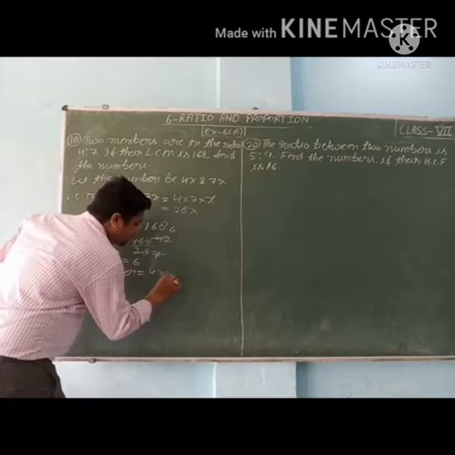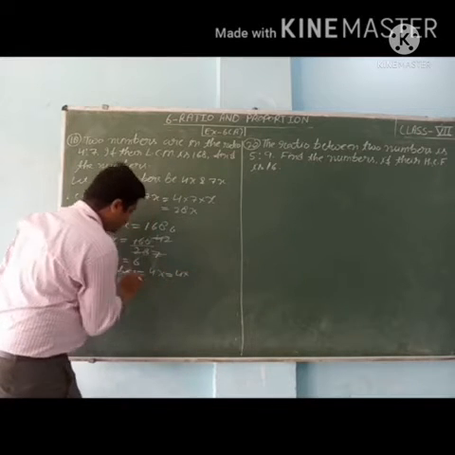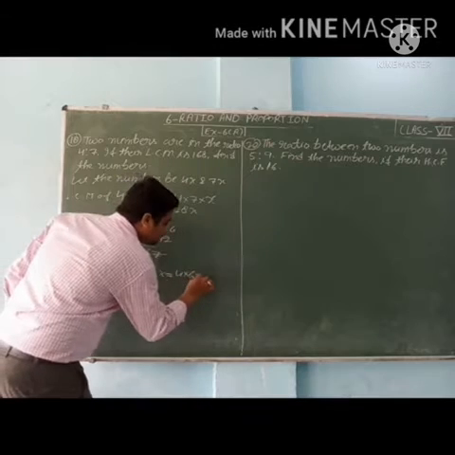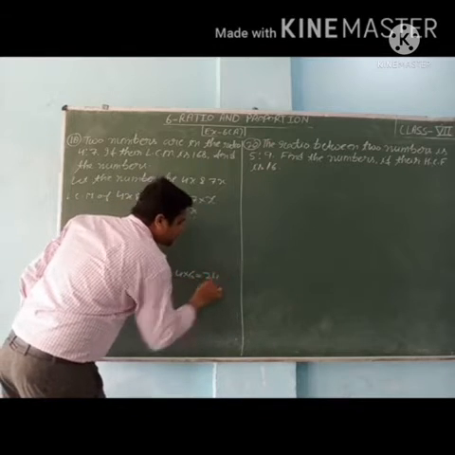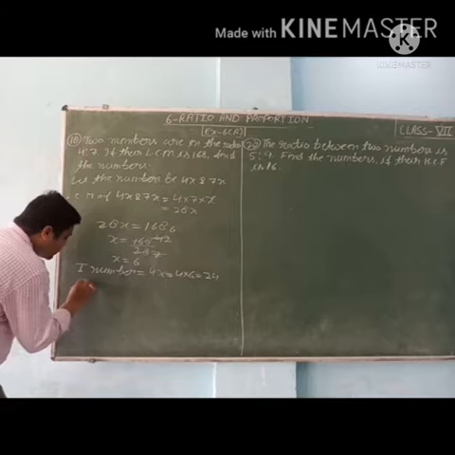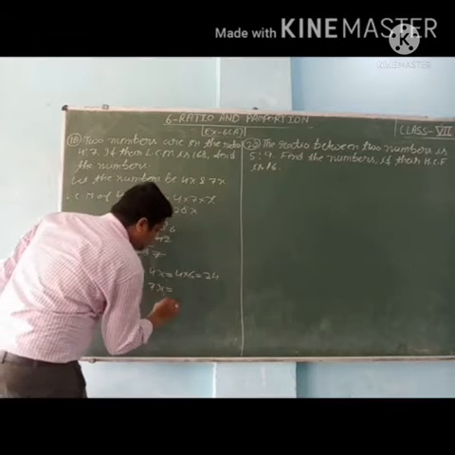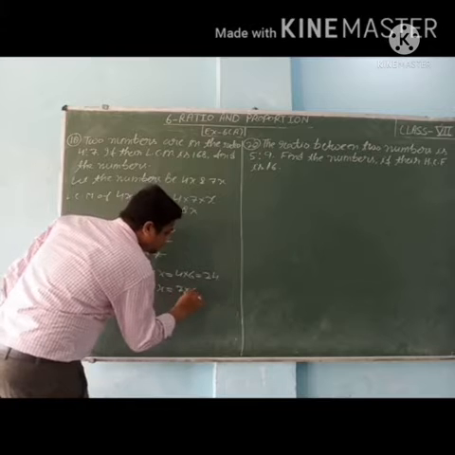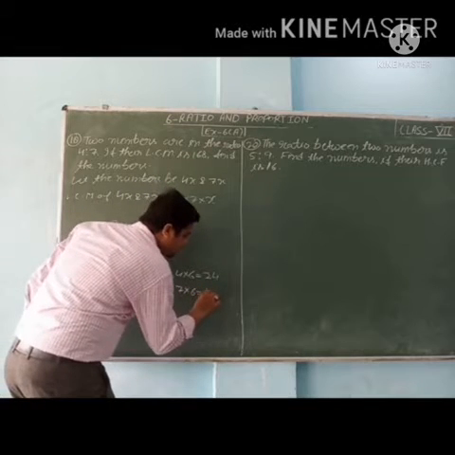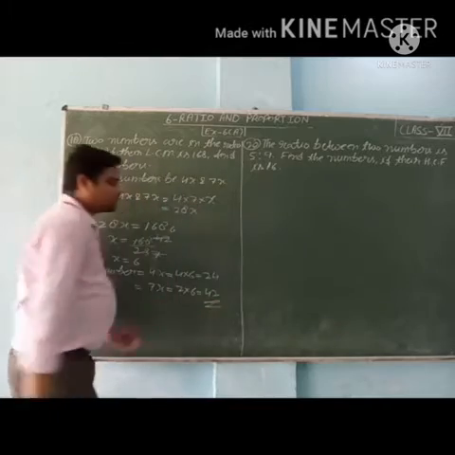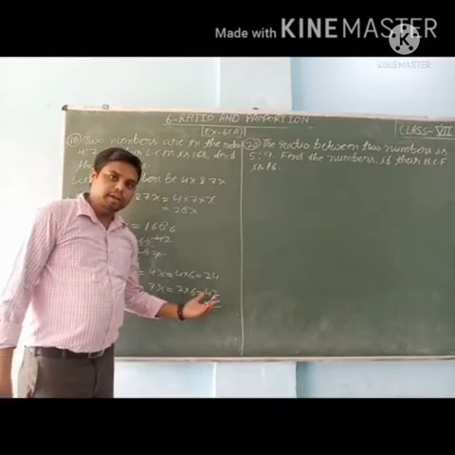We can put the value of x here. 4 multiplying the value of x, 6, is equal to 24. Second number is equal to 7x is equal to 7 multiply 6 is equal to 42. So the numbers are 24 and 42.